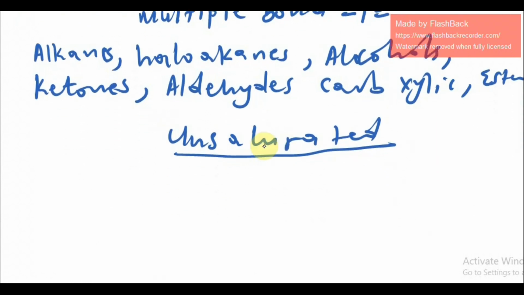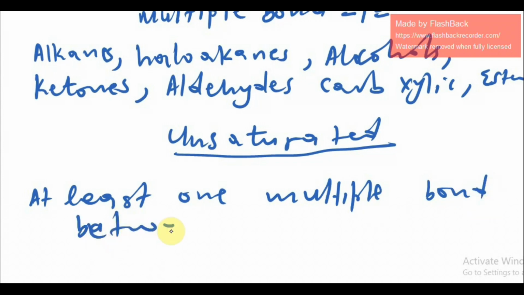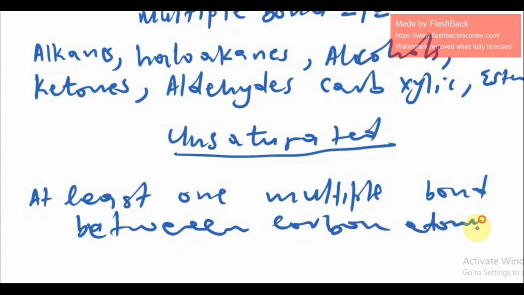The unsaturated compounds are organic compounds with at least one multiple bond between carbon atoms, right?